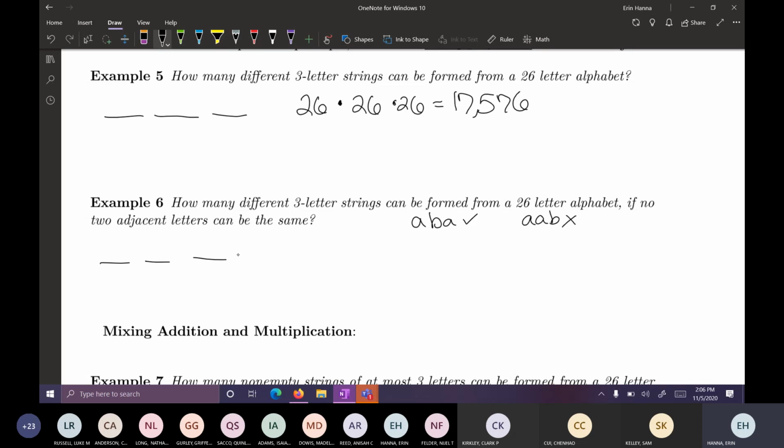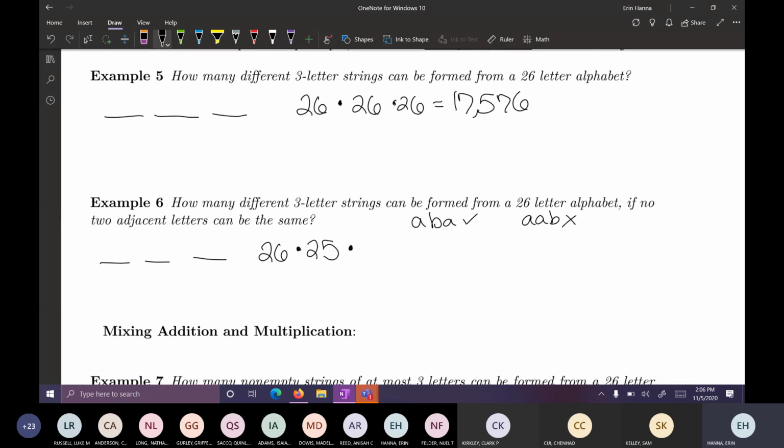So we still have essentially 3 blanks to fill in. How many choices do we have for the first? Well, we can choose any of the 26 letters we want. What about the next one? Well, now I can't have it be the same letter as the one before, so I only have 25 choices. Now, what about the last one? Now, it can't be the same letter as the second one, but it could be the same letter as the first one.